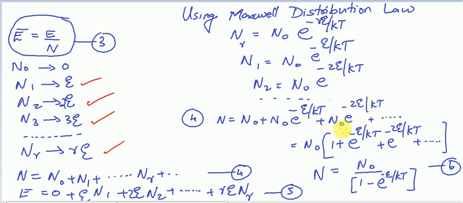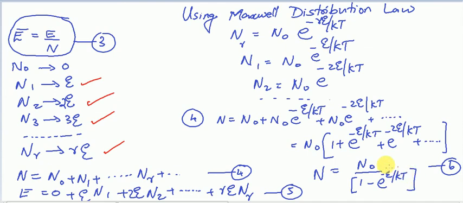Now n0 is a common factor, we can take that outside and we get a bracketed term, and that can be simplified into an expression (1 minus e to the power negative ε by kT) to the power minus 1, and that will yield N equal to n0 divided by 1 minus e to the power minus ε by kT.